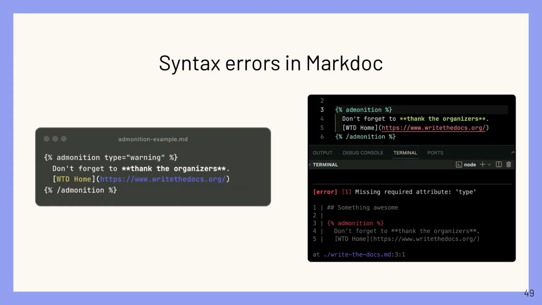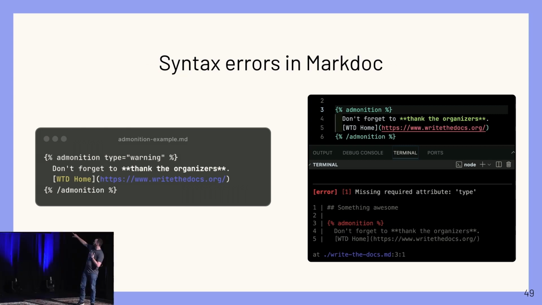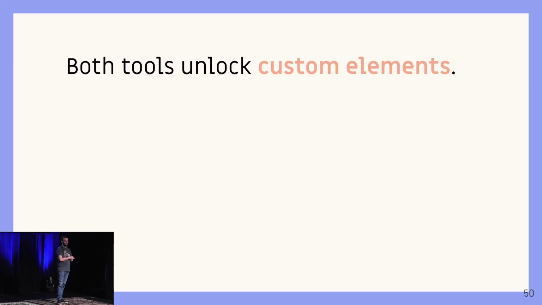In Markdoc, if I have a required property that I then remove, I get this lovely message right here that says I am missing a required attribute. And rather than having an error message in a coding language that I may not be familiar with, I get a response in the terminal from a Docs as code environment where I'm running something locally in my IDE already anyway.